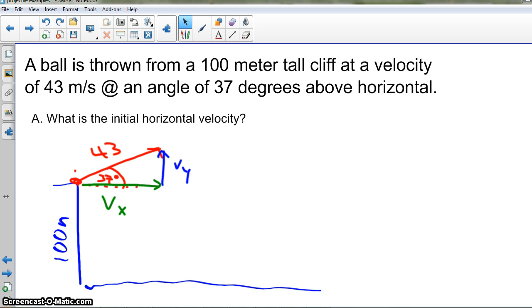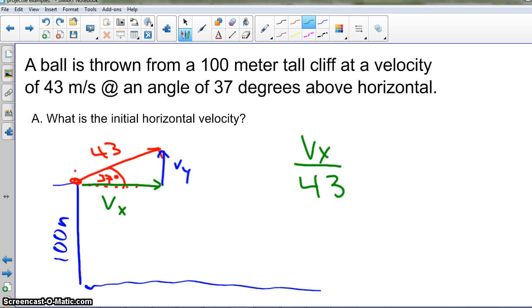Now there's nothing new about any of this. We all know how to find the x and the y components. We're just going to use our basic trig functions. We're going to say that Vx over 43 is going to be equal to the cosine of 37.